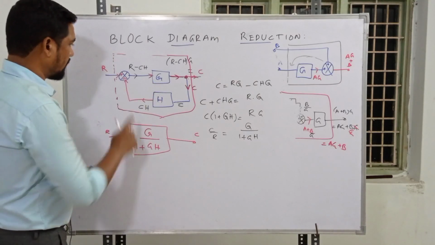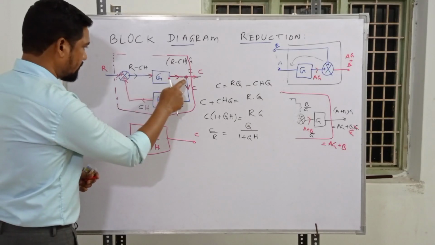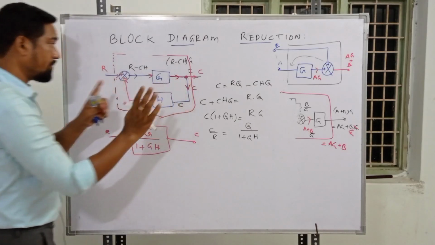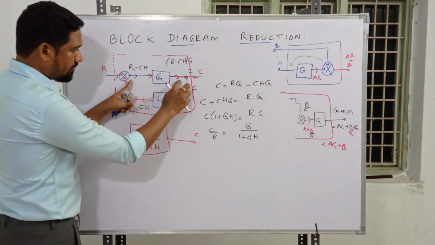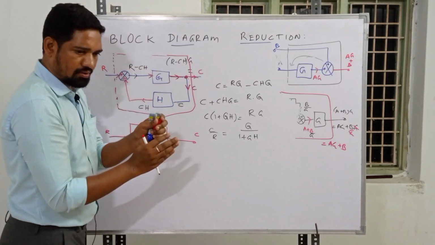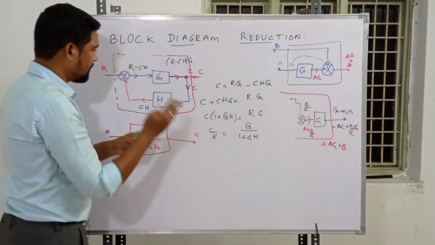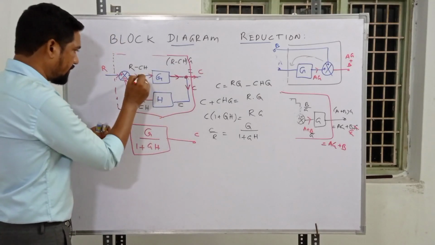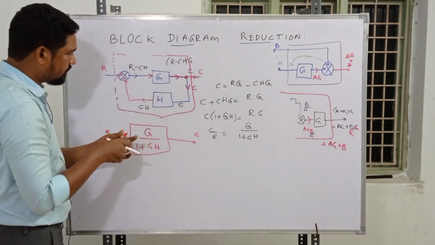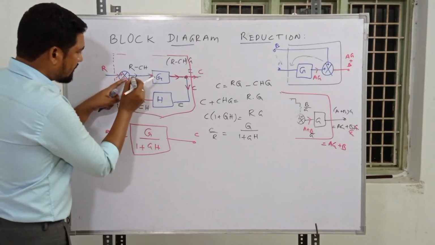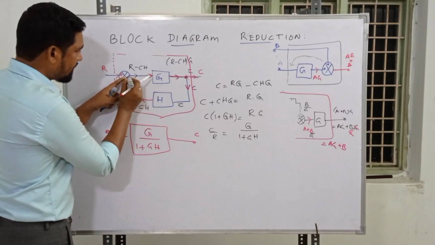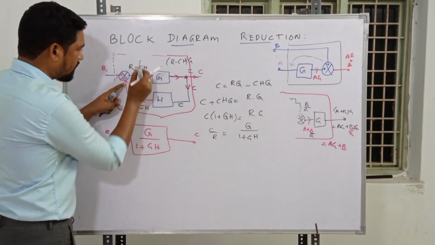We can remove this one, and the entire portion from this. We have to make sure nothing is in between. Many students asked me in the live class, why don't we reduce? We should make sure that nothing is in between this summing point and G. No takeoff point or anything.